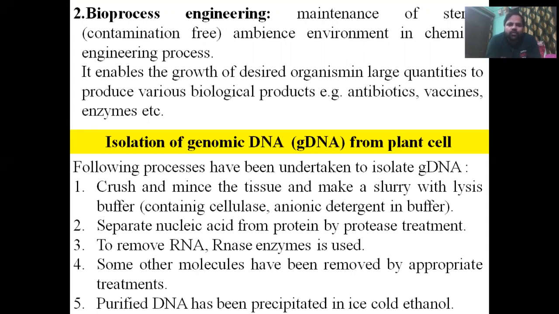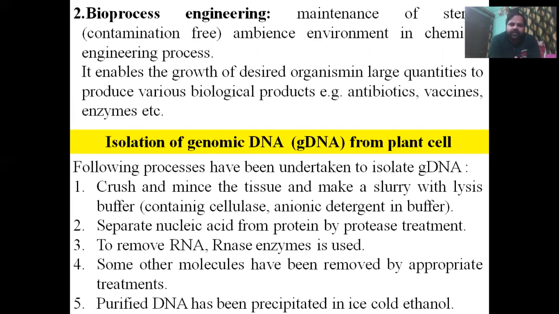It enables the growth of desired organisms in large quantity to produce several biological products, like antibiotics, vaccines, and enzymes, etc. It means we maintain the sterile condition to produce several biological products.